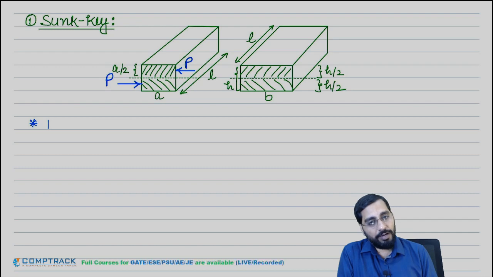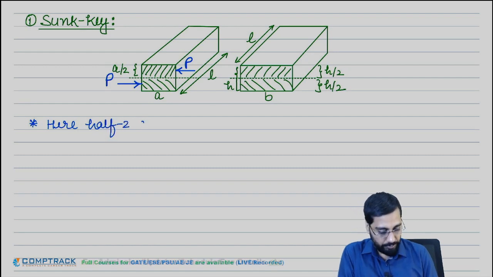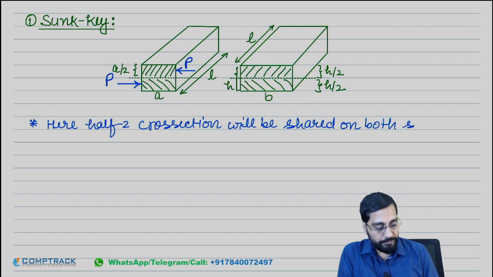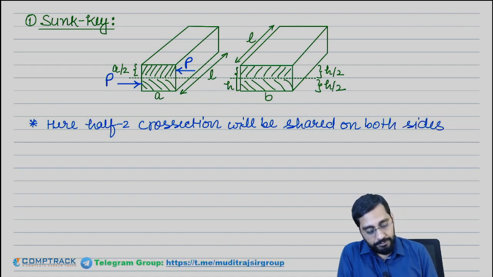Here directly write: half cross section will be shared on both sides, shaft and hub.